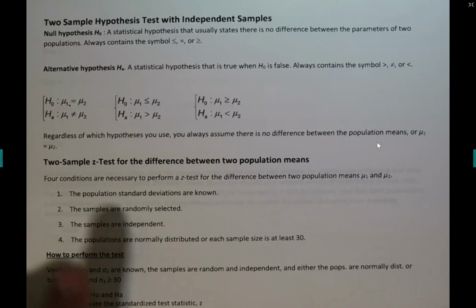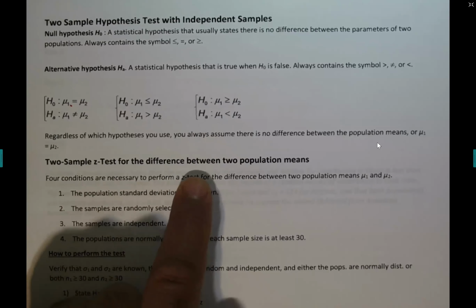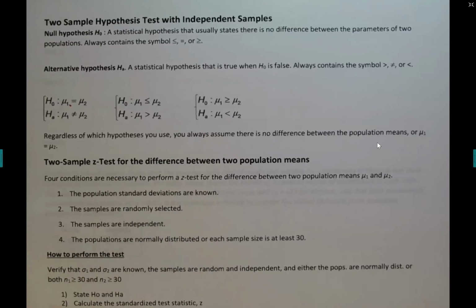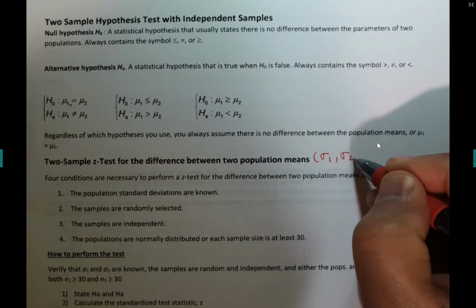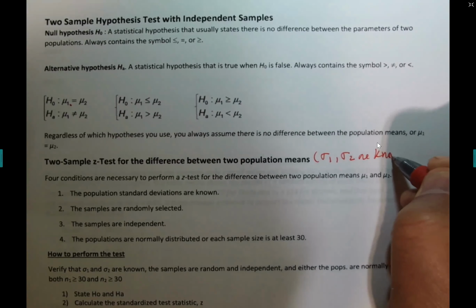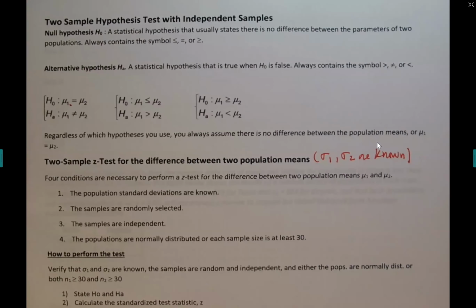We use what we call a two-sample z-test for the difference between two population means. That's section 8.1. Remember, section 7.2 started with sigma, the population standard deviation, known.